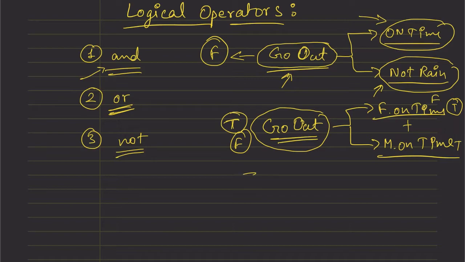Let's say in these brackets you have a decision, and this decision is true. If you apply NOT to it, the result will be false. So what it basically does is reverse the result of a condition or a combination of conditions.